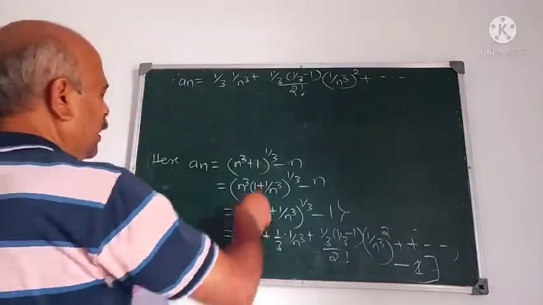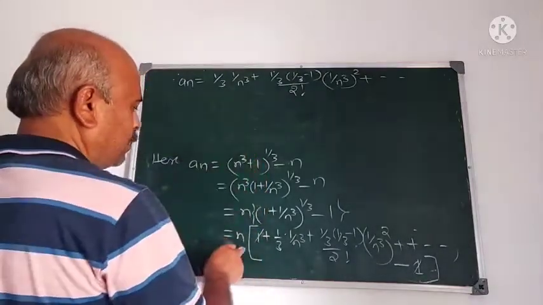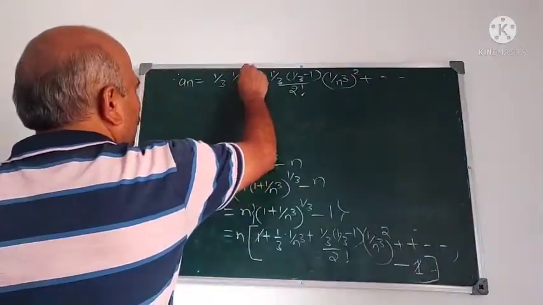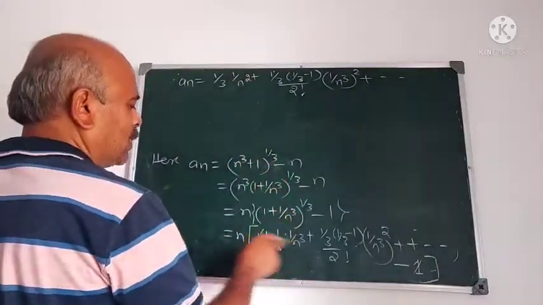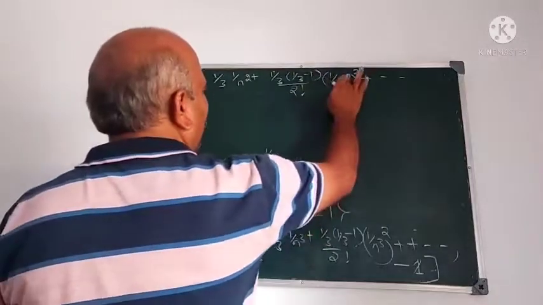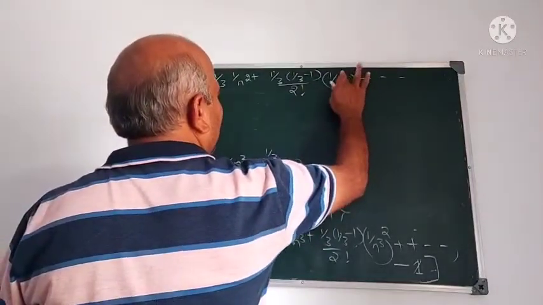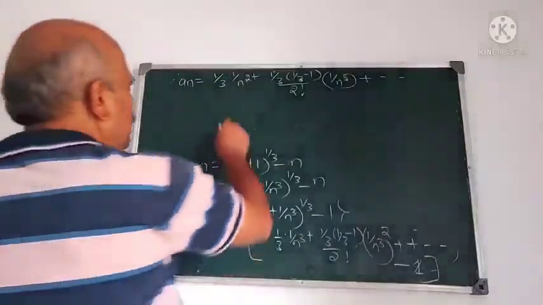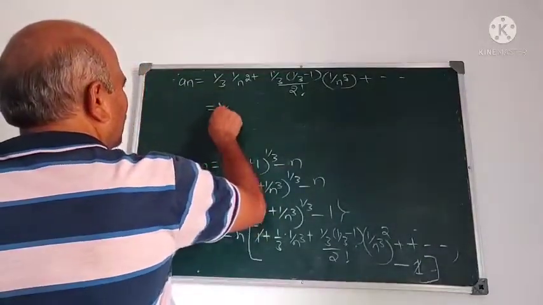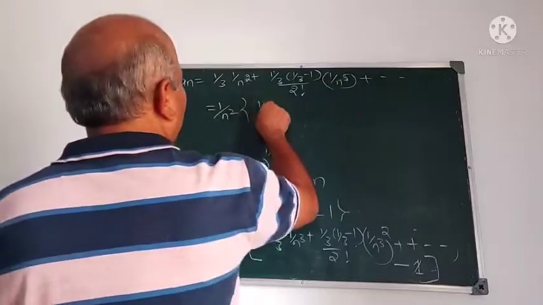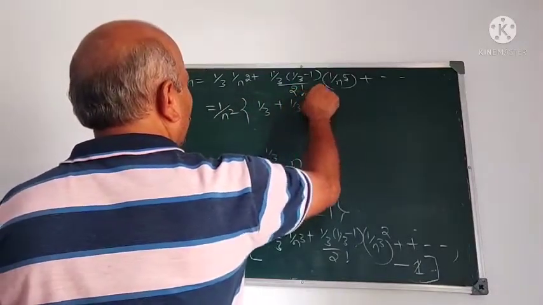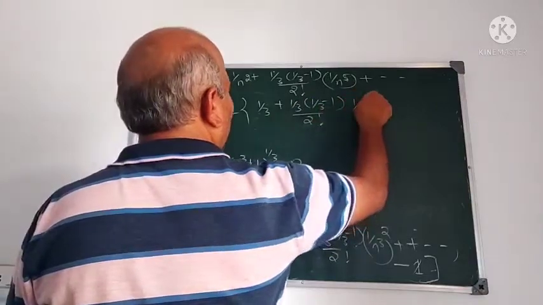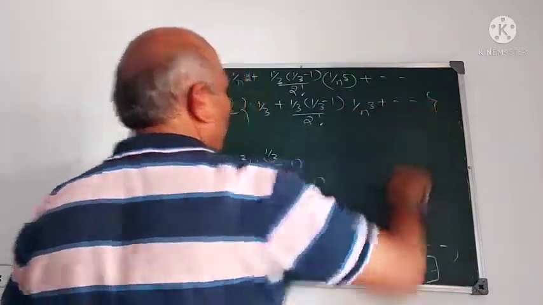Therefore I write this as, this one cancels, but n we have to multiply it. Therefore 1 upon n square, because this 1 n cancels, plus so on. Now is it correct? Yes. Therefore it is 1 upon n square into 1 by 3, plus 1 by 3 into 1 by 3 minus 1 by 2 factorial into 1 upon n raised to 3, plus so on.